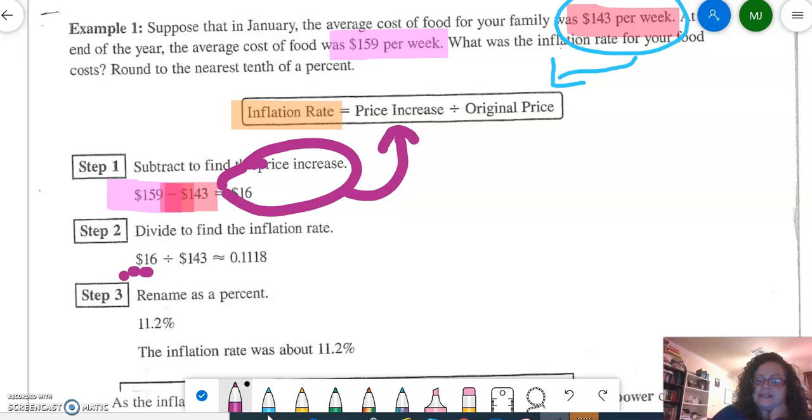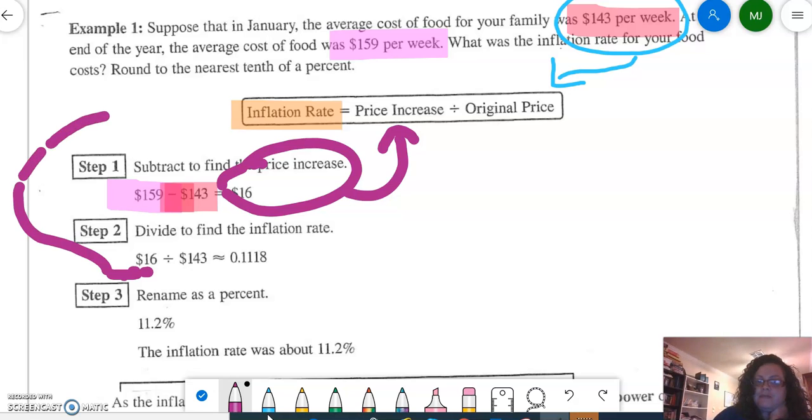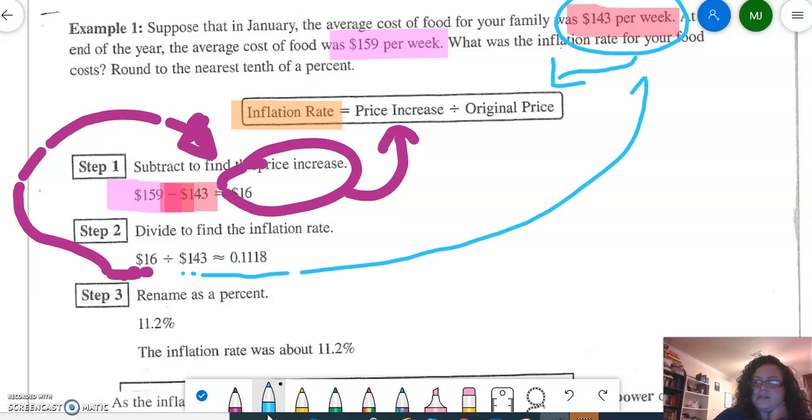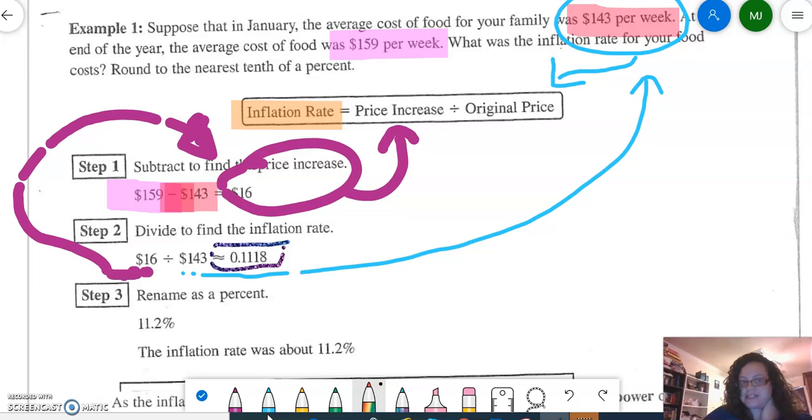We divided the 16, that was the price increase, and we divided it by 143. Where did we get 143? That was the original price. So when we divided those, we ended up with this decimal, 0.1118. Okay, so that is not a percent because it doesn't have a percent sign.